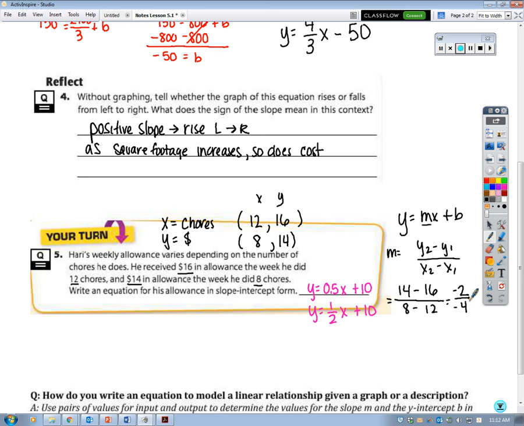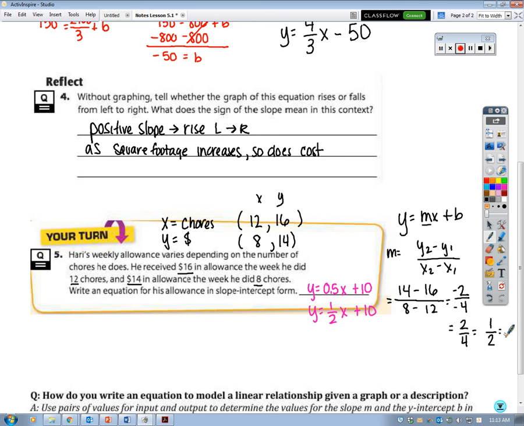And so here's where some of you guys are making a common error. When you have two negatives here, they cancel each other out, and this actually becomes a positive. You could have done this the other way around. You could have gone 16 minus 14 and 12 minus 8. That would be fine too. They both work out, so you end up with a positive 2 over 4, or 1/2.